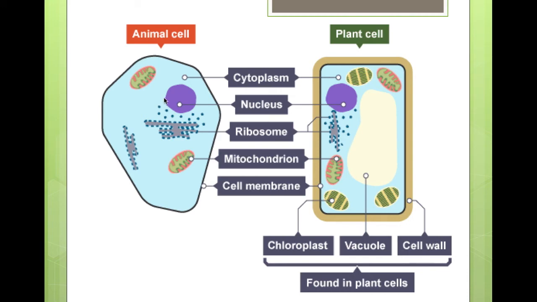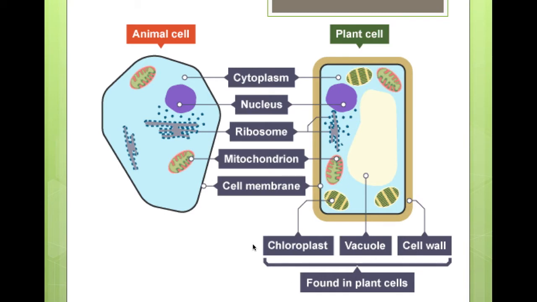The first similarity you'll notice is that both cells have what we call a nucleus. Now, all cells belonging to a particular classification of organisms have a nucleus, which is where they store their DNA. You've got one in the plant, and you've got one in the animal there. The cell also has a few other things: cytoplasm, ribosomes, mitochondria, cell membrane, chloroplast, vacuole, and cell wall.